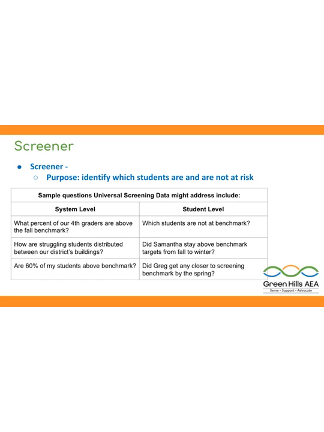Are 60% of my students above benchmark? If so, then I know that I do not need to have a class-wide intervention. It can also address student level questions. Which students are not at benchmark? Or it can answer questions such as, did a grade get any closer to the screening benchmark from the fall to the spring?